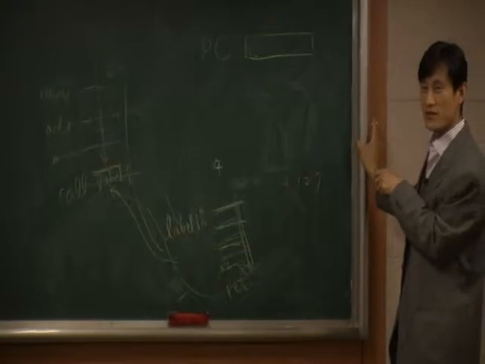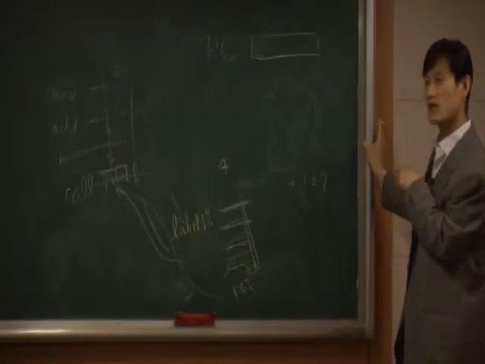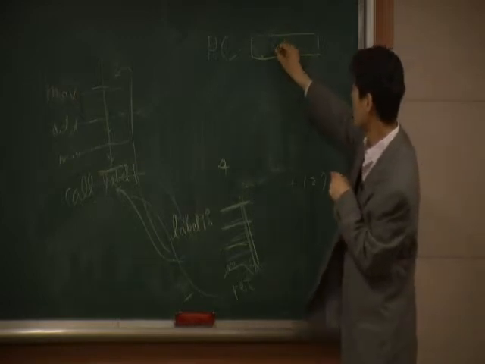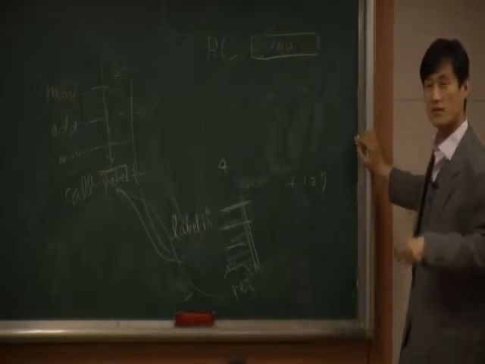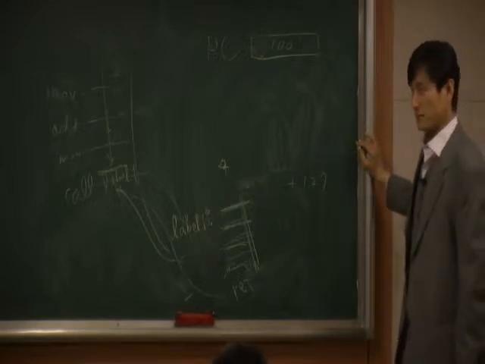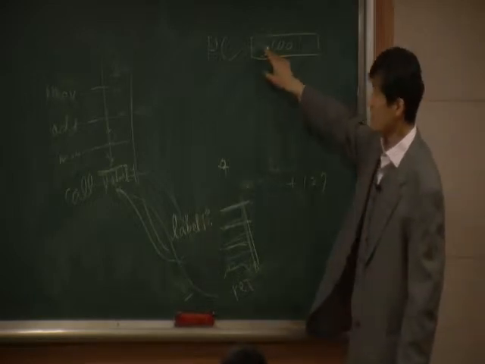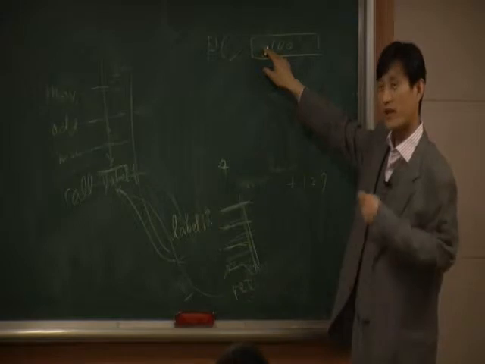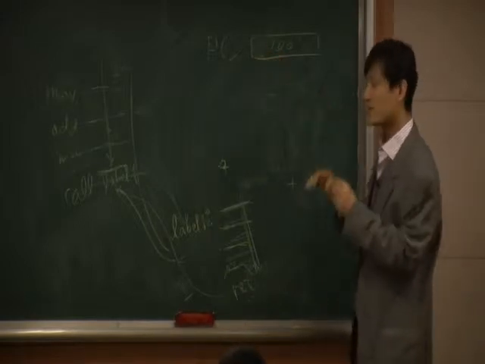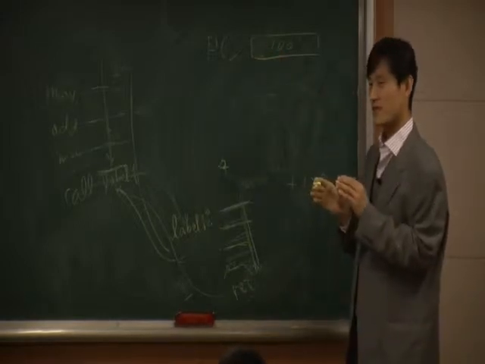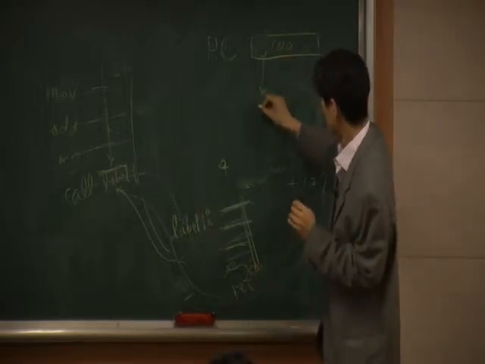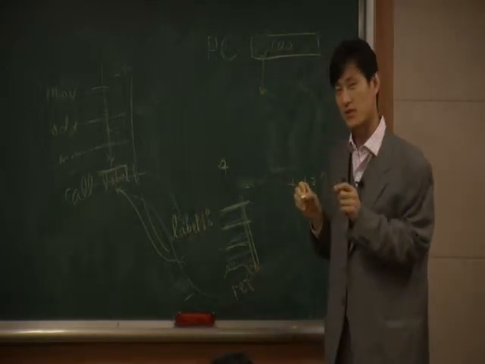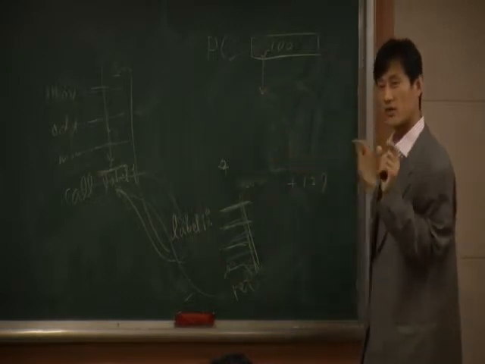You have a value here in the register. Let's say I have a value 100. Then what does that mean? The value inside the program counter will tell you the next instruction. This one tells you the address of the next instruction.